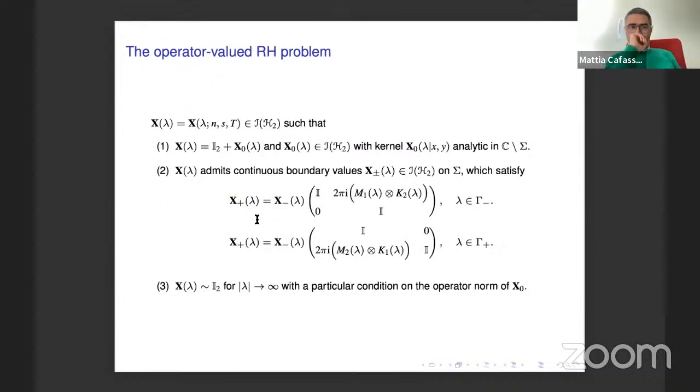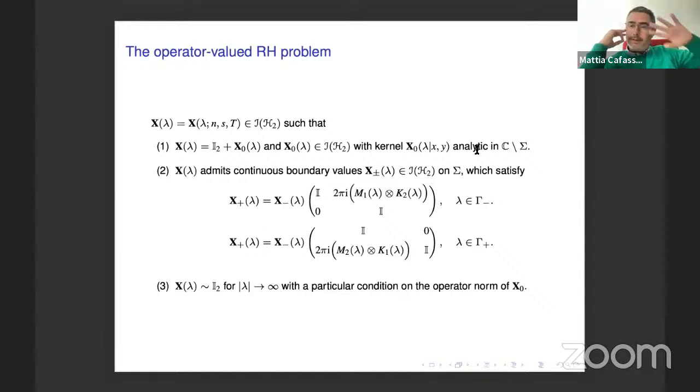And the operator valued Riemann-Hilbert problem that we have is the following: we are looking for a certain function X, which is matrix valued, and the entries are themselves operators. This X is analytic in lambda.